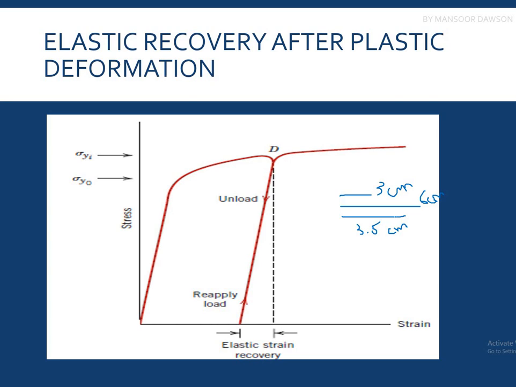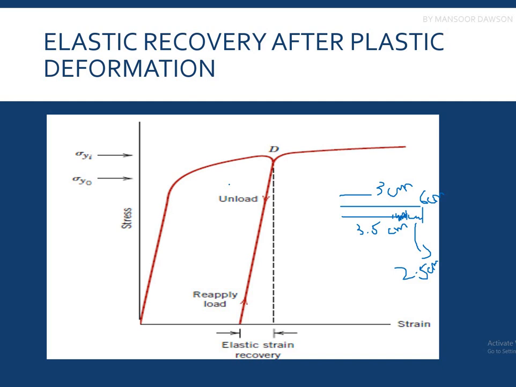So there is a strain of 0.5 centimeters that is permanent, but the other strain is 2.5 centimeters. This strain which was recovered is elastic strain, because it is not permanent, and this 0.5 would be the plastic strain. So this would be the elastic recovery of strain.